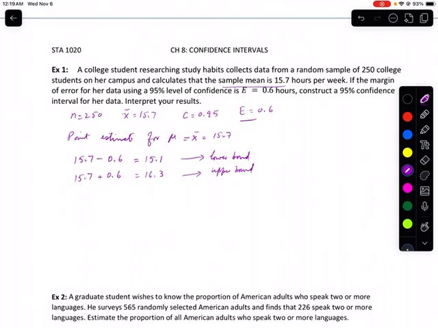So, the confidence interval is 15.1 comma 16.3, or 15.1 is less than mu is less than 16.3. So, how do we interpret?